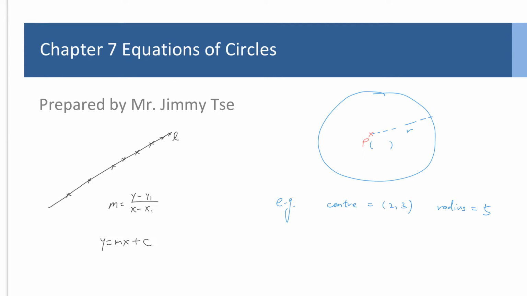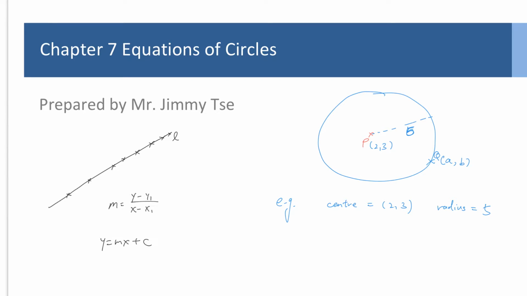Maybe we can make good use of this figure: center (2, 3) and the radius is equal to 5. I want to find an equation such that all the points on the circle satisfy that equation. Maybe you can let one of the points on the circumference be point Q with coordinates (a, b).